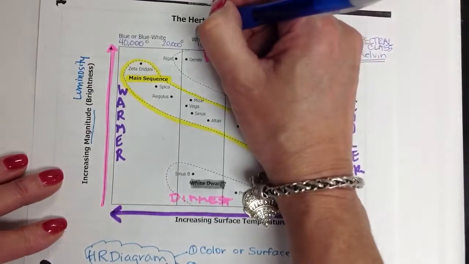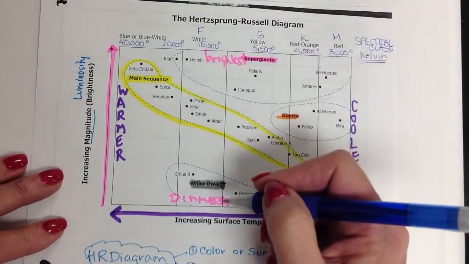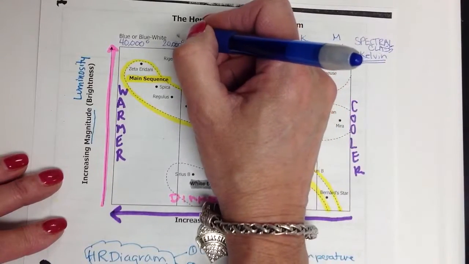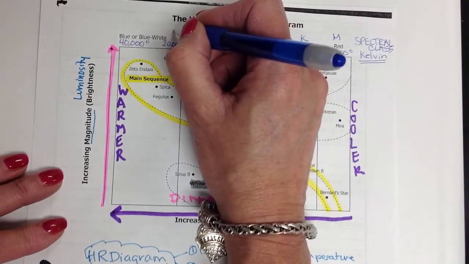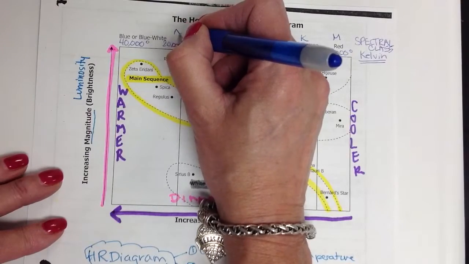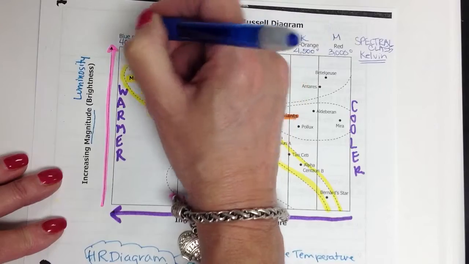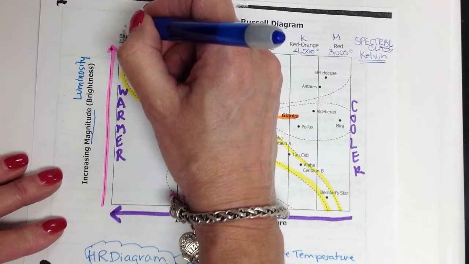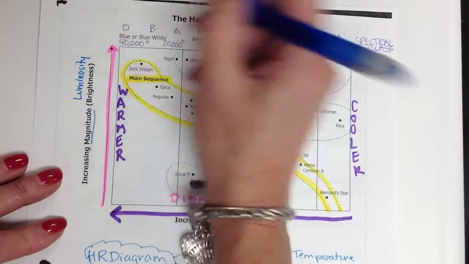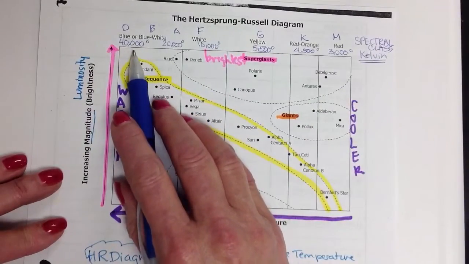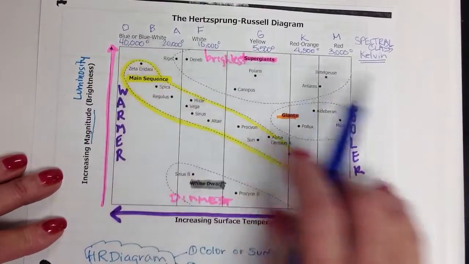F is for white. And then here we have the more whitish blue is going to be an A, all the way up to a B for the more blue-white, and then totally blue or totally hot star is an O. So just in case you see these letters, they correspond directly to color and temperature.